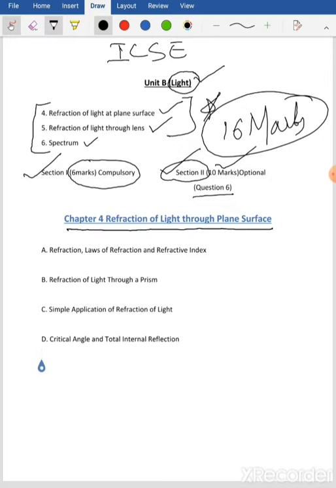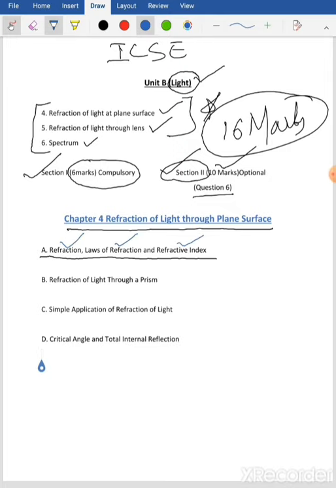through plane surface. The entire chapter is divided into 4 parts, A, B, C, and D. These are the major topics that you have to study in this chapter. In unit A, the first portion of the chapter, you have to learn about refraction, laws of refraction, and refractive index.